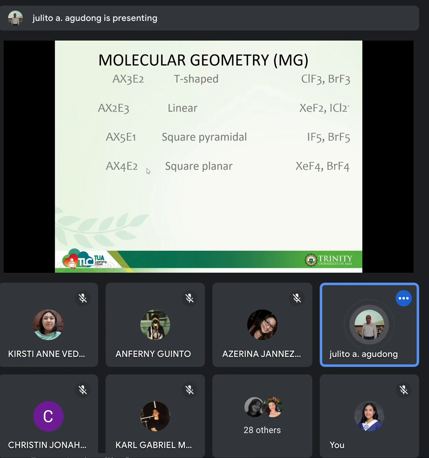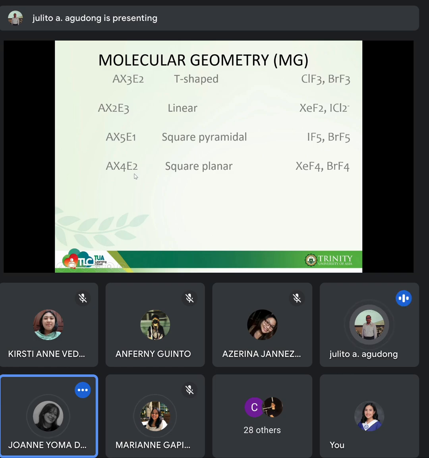What about here? AX4E2. How many electron domains? 6 po. 6, and 2 electron domains must contain your non-bonding pairs, and 4 are bonding pairs. Necessarily, the 2 electron domains that contain your non-bonding pairs must be located in the axial positions.